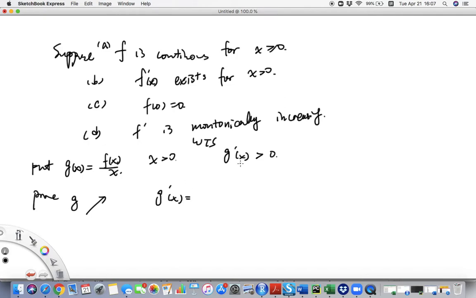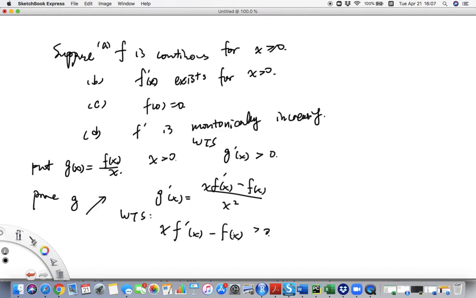If you use the quotient rule here, g prime of x is x times f prime of x minus f of x over x squared. The denominator is always positive, right? So if you want to show this to be positive, then you really want to show x times f prime of x minus f of x is greater than 0.